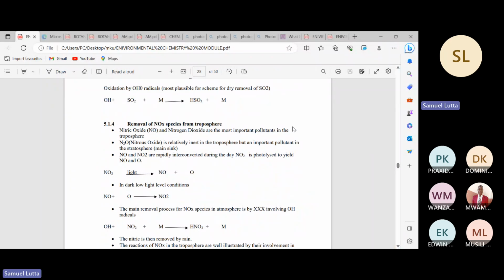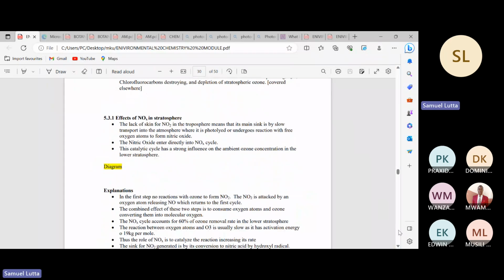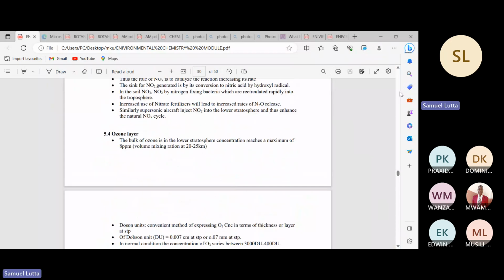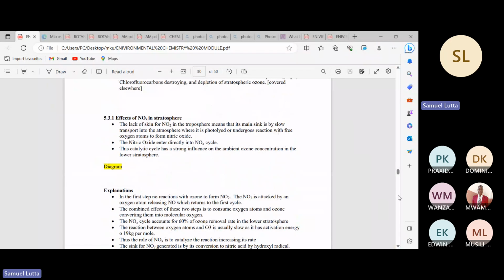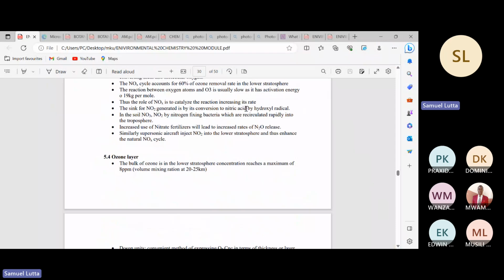During the formation of photochemical smog, we were saying that this one breaks down to form atomic oxygen, and then the atomic oxygen was combining with ozone to form oxygen gas. So NO can also play an important role in reducing the amount of ozone. When you have NO2 and it breaks down to form NO plus an oxygen atom, the oxygen atom can combine with ozone to form oxygen gas.